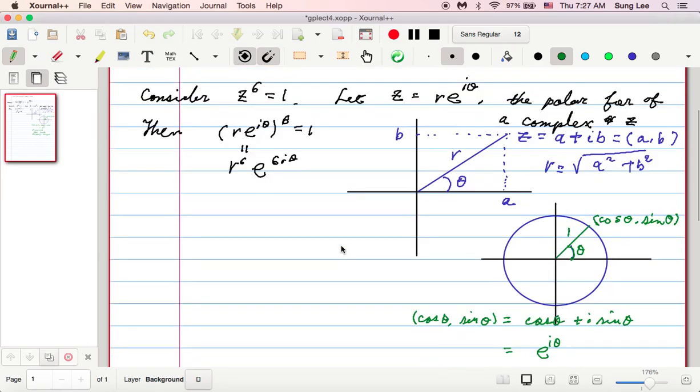By comparing these two, the right hand side is only a real number, so this implies that r to the 6 equals 1 and e to the 6i theta equals 1 as well.